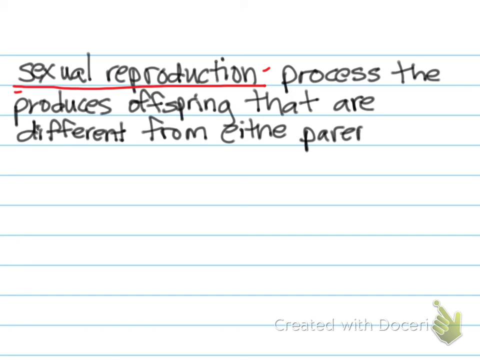And remember, in sexual reproduction, you have to have two parents, basically a mom and a dad. Either parent. And of course, I misspelled either, it needs an R on the end.